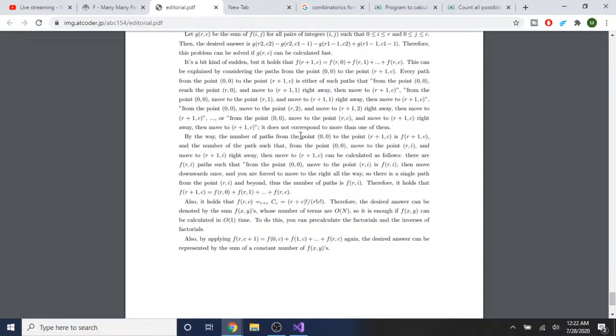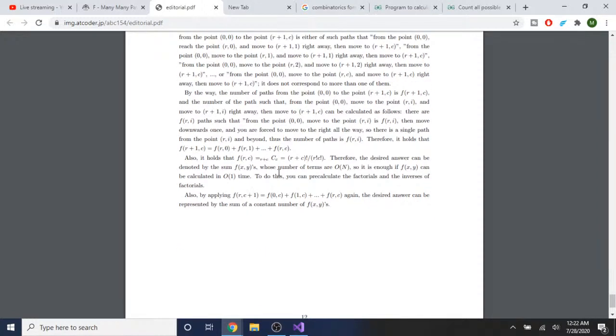The number of paths from 0, 0 with R moves is equal to R plus 1. Also it holds that f of R, C is equal to R plus C choose C, which is R plus C factorial over R factorial C factorial.